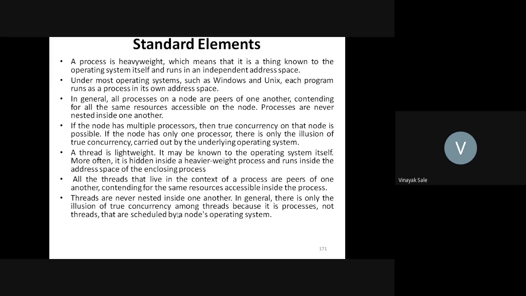Threads are never nested inside one another. In general, there is only the illusion of true concurrency among threads because it is the process, not the threads, that is scheduled by the node's operating system.